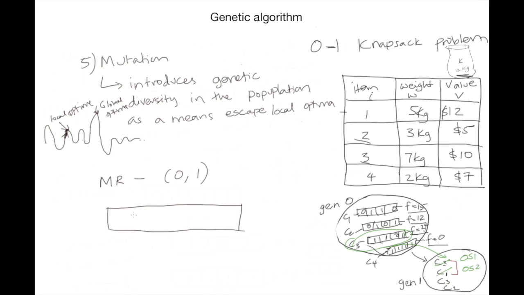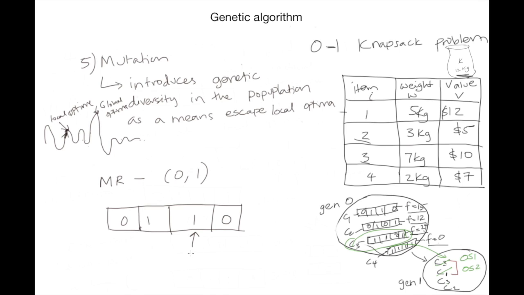So what happens in mutation is that suppose we have a chromosome as such, we randomly select a gene, and if it is meant for mutation, there is a bit flip.